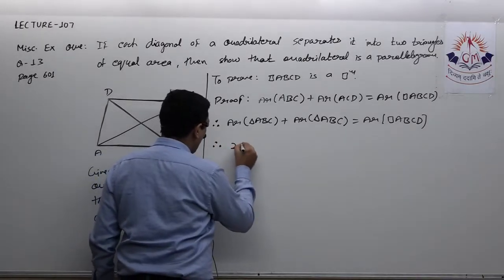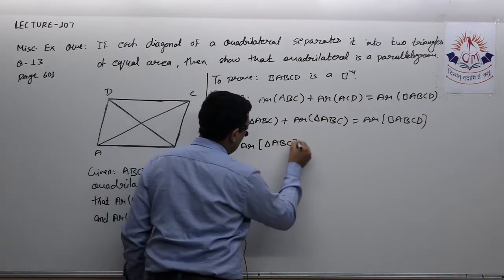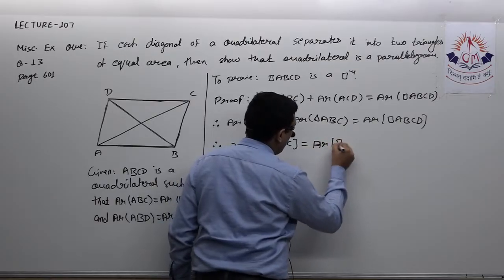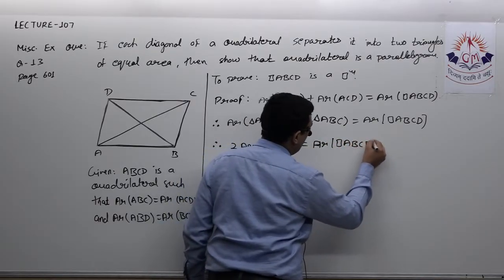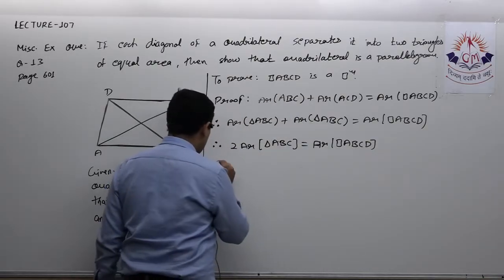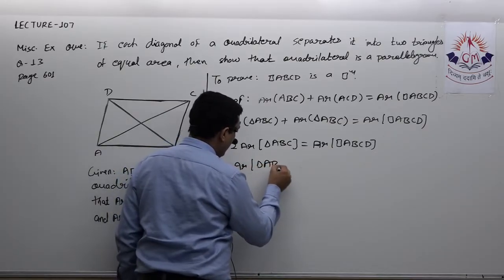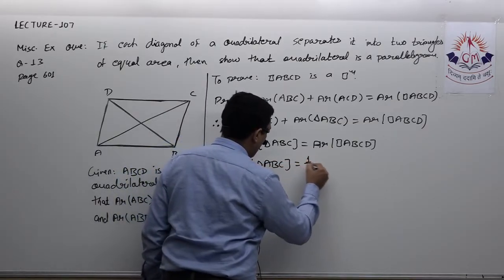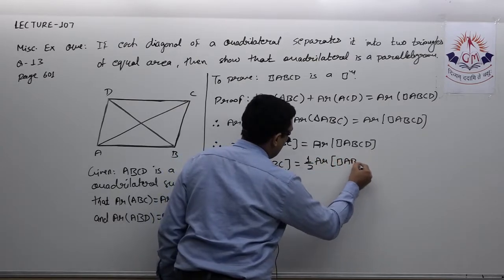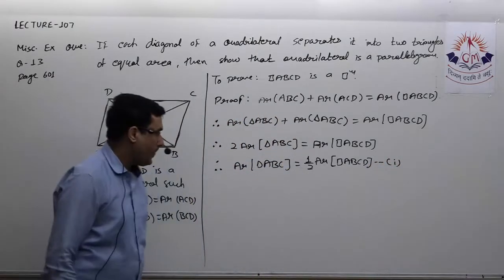Therefore, twice area of triangle ABC is equal to area of quadrilateral ABCD. Therefore area of triangle ABC is equal to half area of quadrilateral ABCD. Let it be equation number 1.